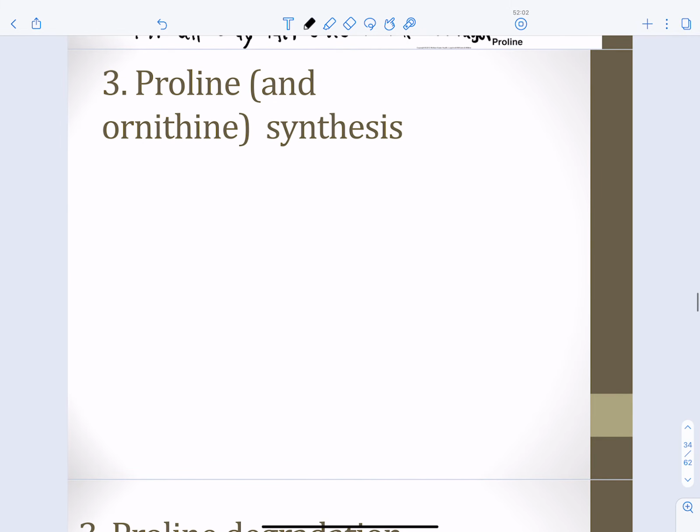Okay, so proline and ornithine are going to be interlinked. And remember, ornithine is going to feed into the urea cycle. So this is all going to take place in the cytoplasm.